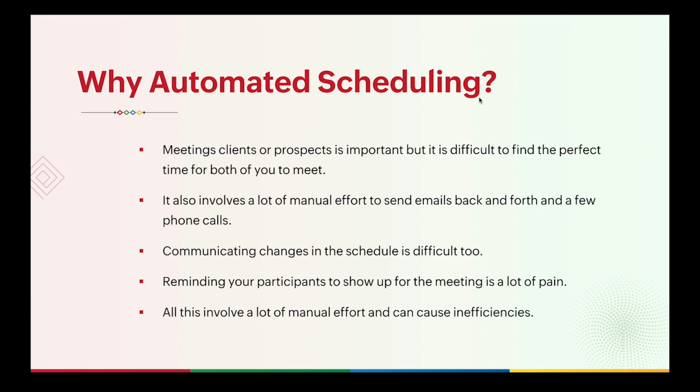And to set the correct agenda, have people show up, and remind them to show up for the actual meeting is a very time consuming process. There's also a lot of emailing back and forth and a lot of calls to be made to get that one meeting set up. So it's a very error prone and inefficient method which we would eliminate using automated scheduling.